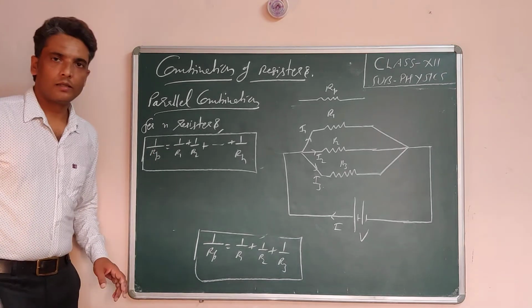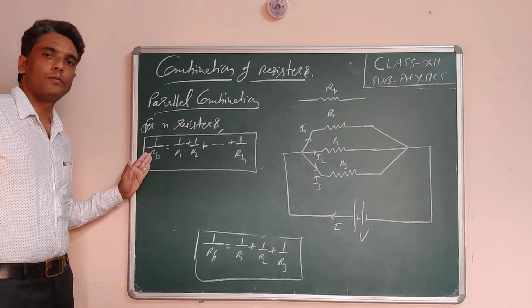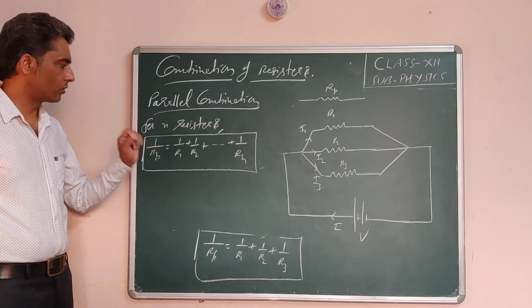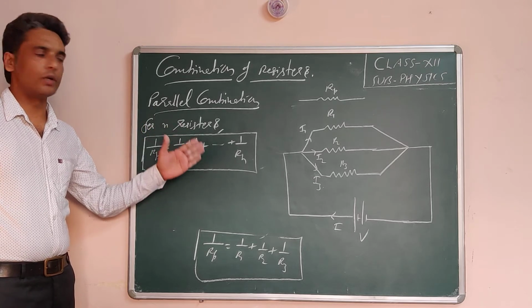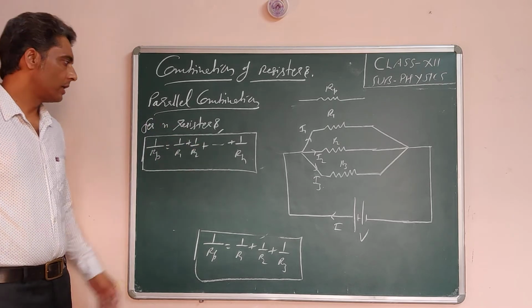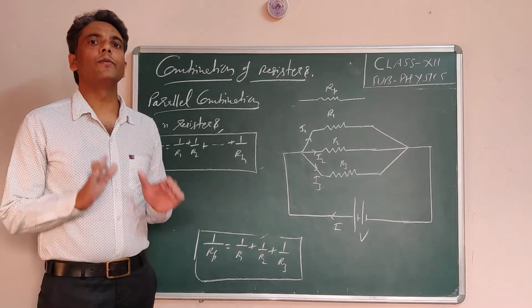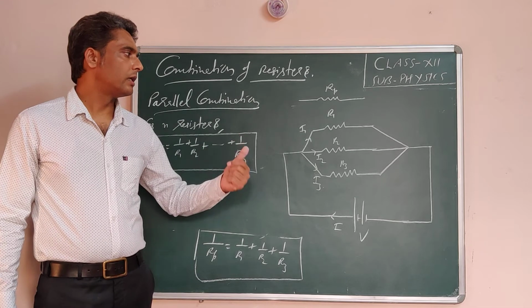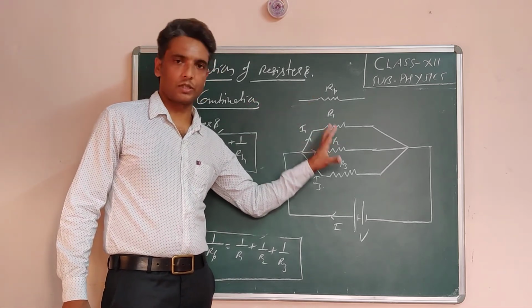So we see that in case of parallel combination, the reciprocal of the equivalent resistance is equal to the sum of the reciprocals of individual resistances. This means the equivalent resistance will have a value less than the least of the values of these resistors.